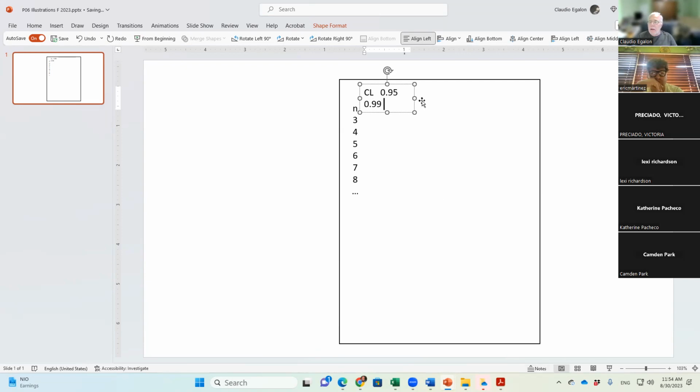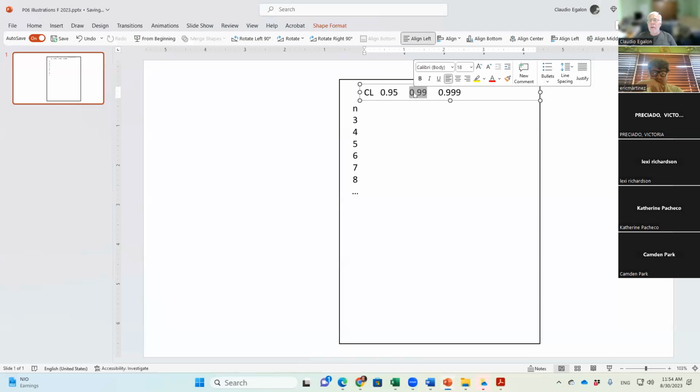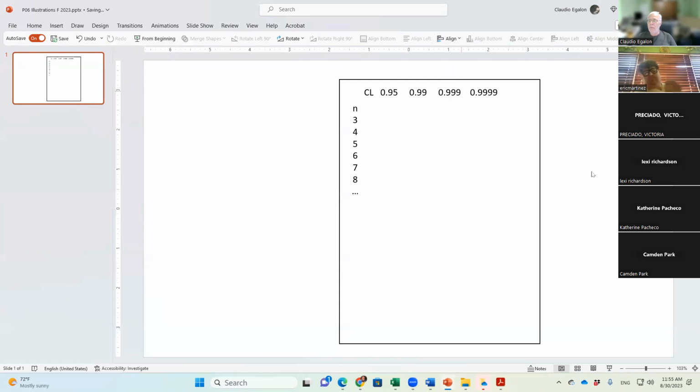Oops, I gotta stretch it in the horizontal direction. The way I built this table, CL is a measure that can be written down in terms of percentages. Here you have 95%, here you have 99%, 99.99%, and so on. That's how I build up the table.